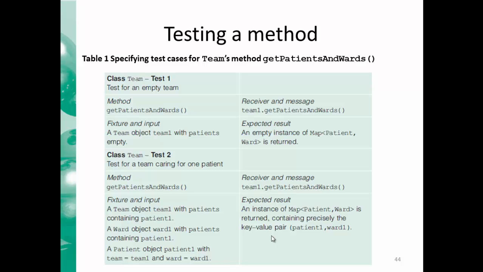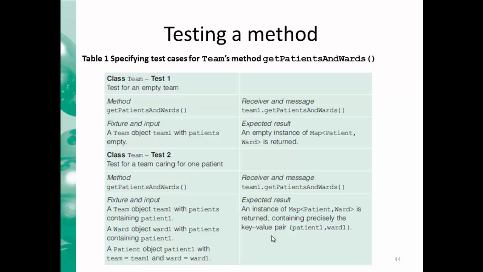So now on the format of laying out your test cases for the previously described situation for testing the getPatientAndWards method from class Team. So the class is Team, and this is our first test, test 1.